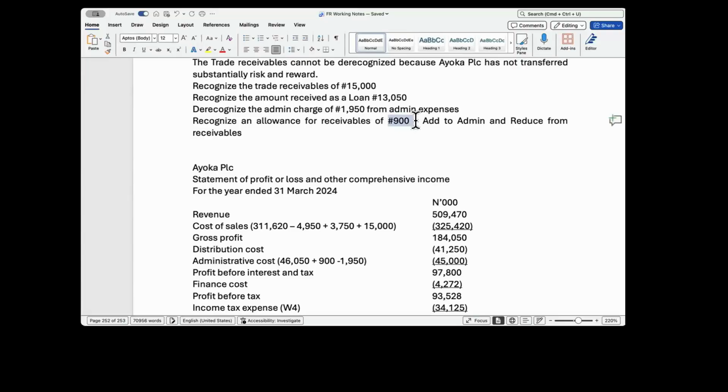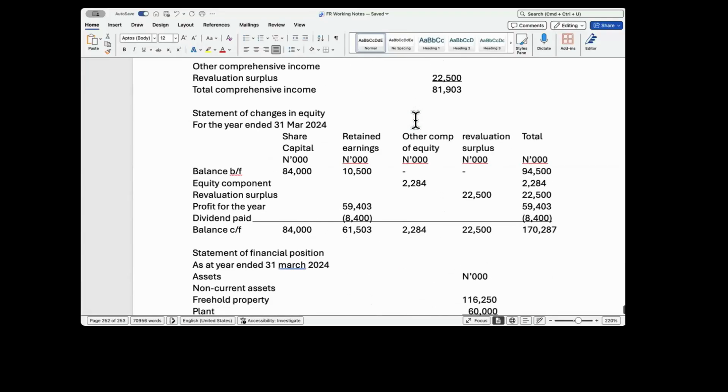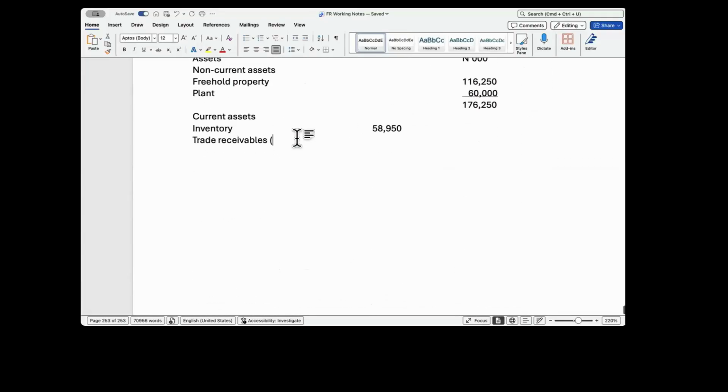There was an impairment of 900 that I noted in the last additional information. Allowance for receivables. So 7,650 minus 900. And don't let us forget the receivables that we need to add back that they recognized. So how much is that? 84,750.